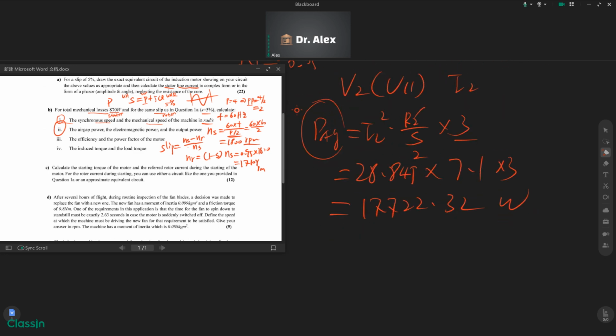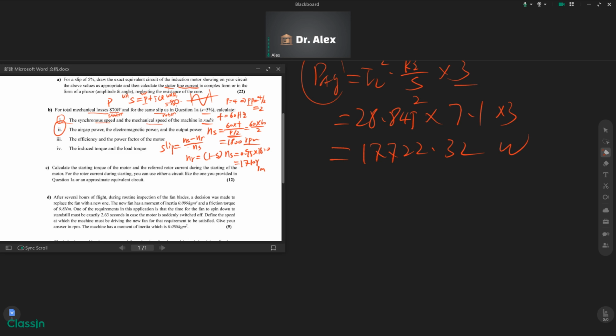That's the total air gap power, and this is the only difficult one we have to calculate, because the others we can get using the S number.